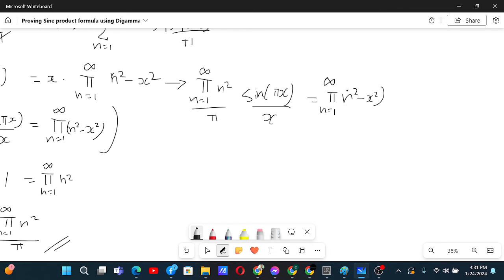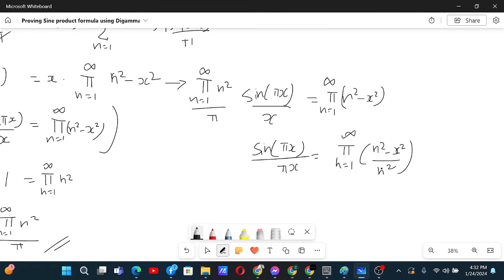Now let us take this product to the other side, and that gives us sine pi x by pi x equals the product from n equals 1 to infinity of n square minus x square by n square.